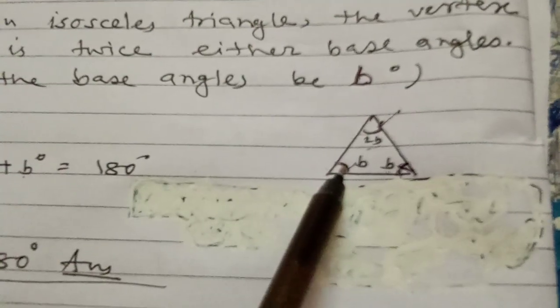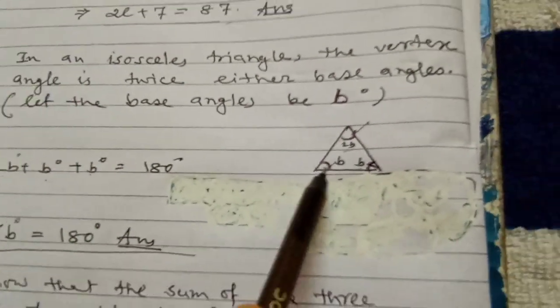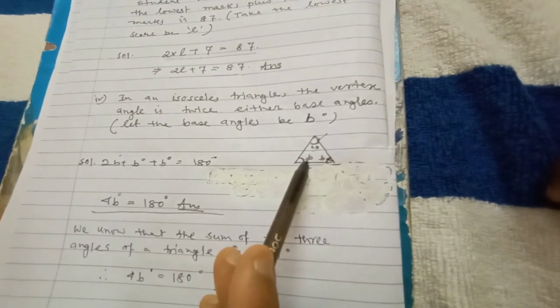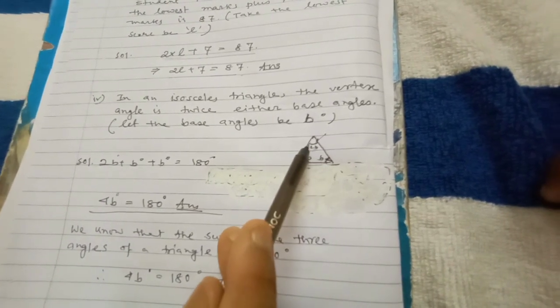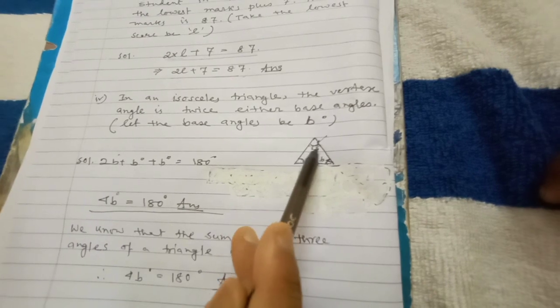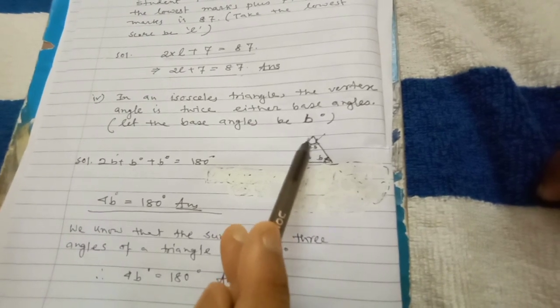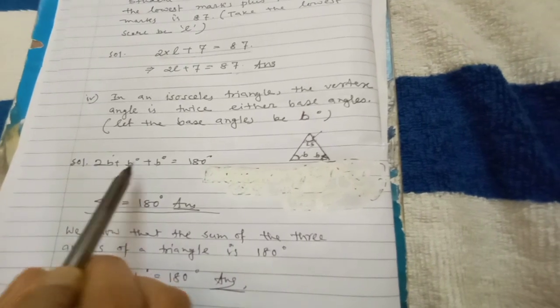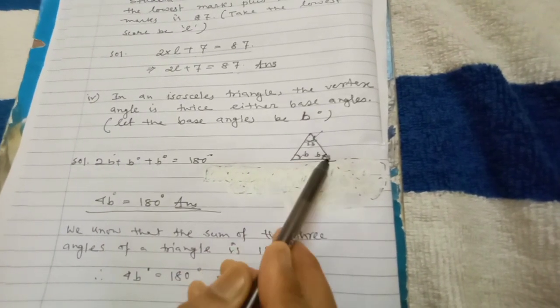So it is a base angle and this is a base angle. The values of the two base angles are the same. It is also B, and the vertex angle is twice, that means 2B.